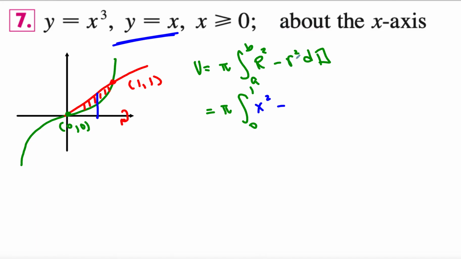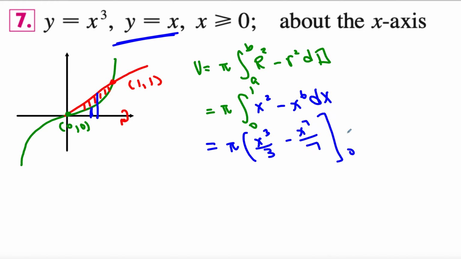Minus, small r is the closer one. Which one is the closer function? The green one, which is x cubed. So x cubed squared becomes x to the 6th power, and dx. So when you integrate this, x cubed over 3 minus x to the 7th over 7, from 0 through 1.